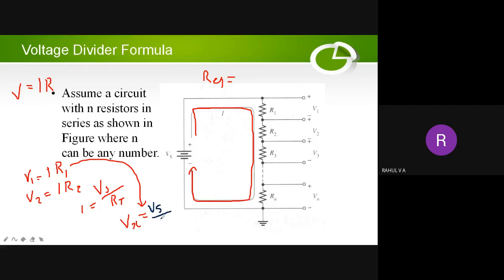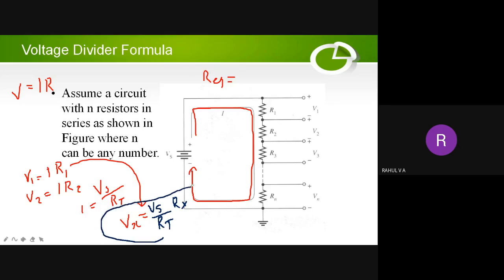Now instead of current, I am writing Vs divided by R total, into Rx. How do we find V1? I into R1. V2? I into R2. V3, I into R3. Vx, I into Rx.